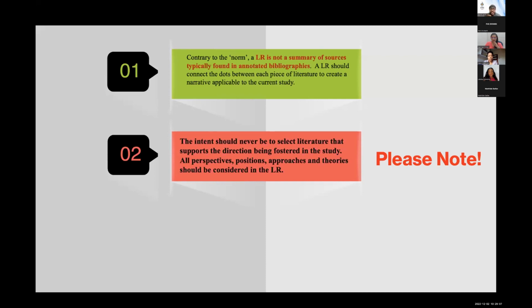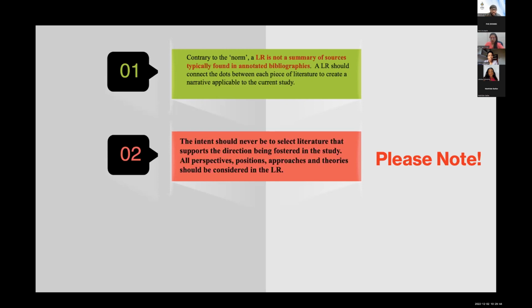Now, when we make predictions, just like in our normal lives outside of our academic space, we don't like to be wrong. So we think that if our hypothesis is disproven, our study has failed. No, the disproving of your hypothesis is a finding in and of itself. So don't get down on yourself because it was disproven.